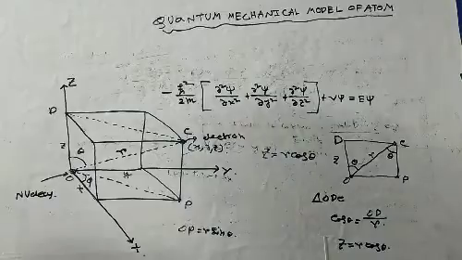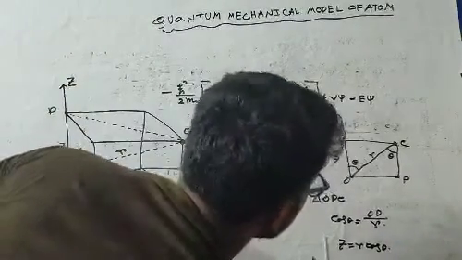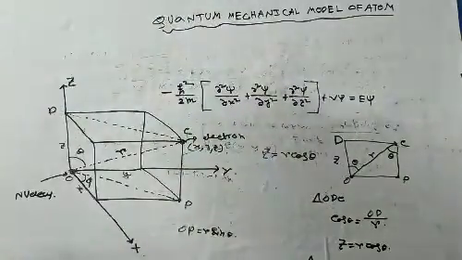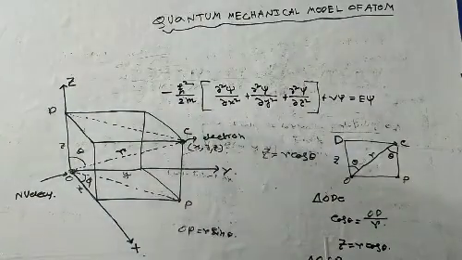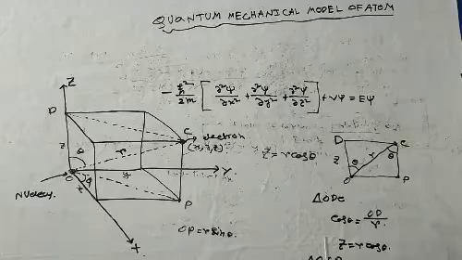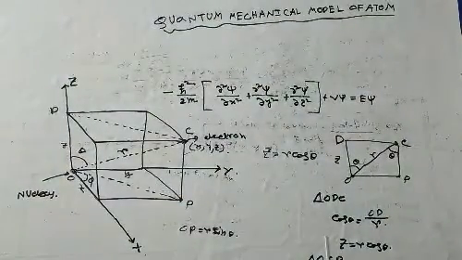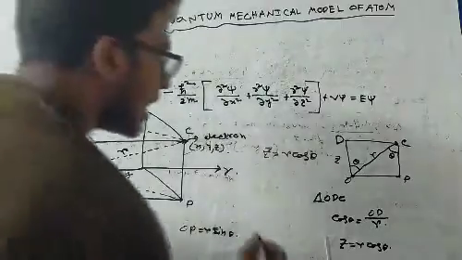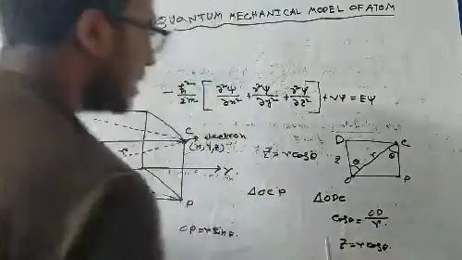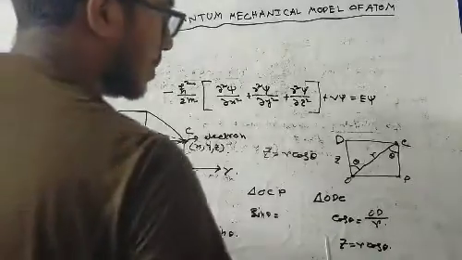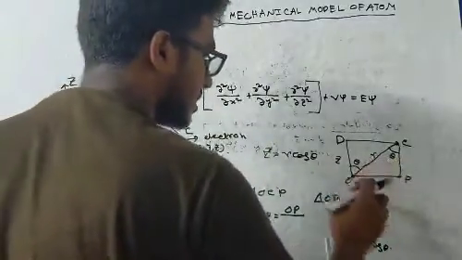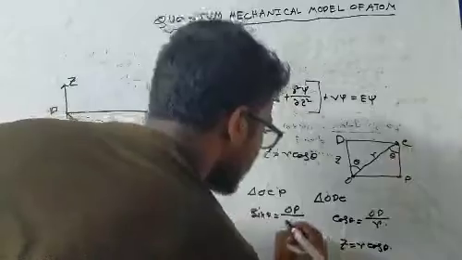Now let's consider the triangle OCP. From the triangle OCP I can write sine theta equals perpendicular upon hypotenuse.